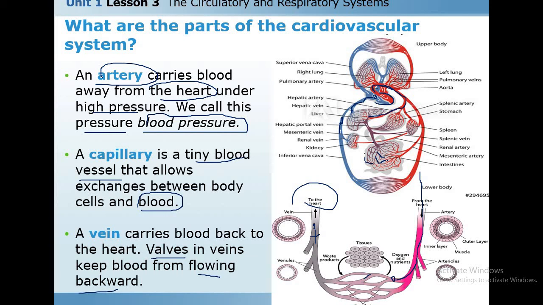That's it. Again, we have three types of blood vessels: artery, capillaries, and vein. The function of the artery is to carry the blood from the heart and move it to the organ.